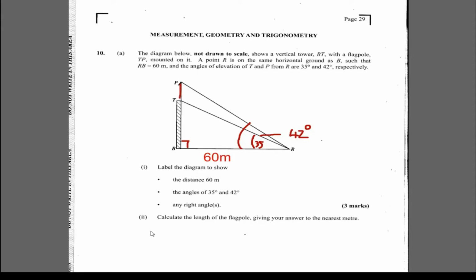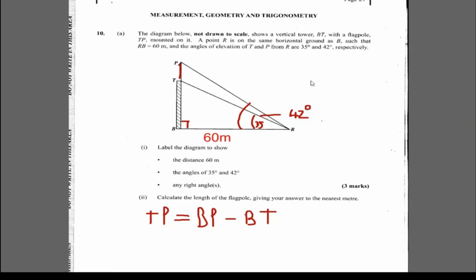First and foremost, the length of the flagpole TP is equal to BP minus BT. So we need to find BP first and then BT.